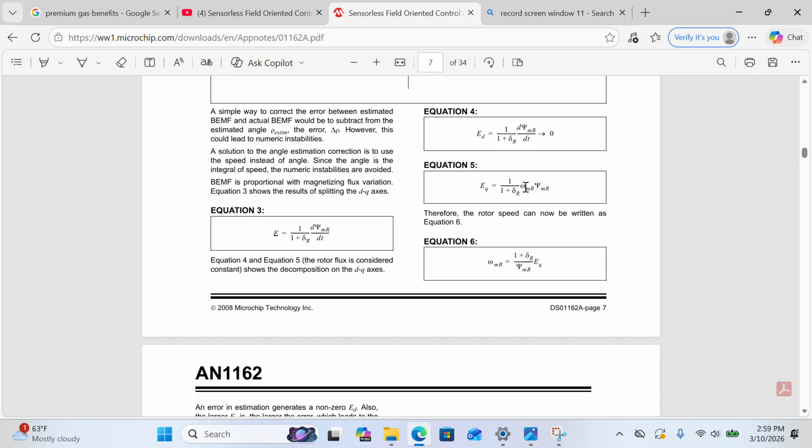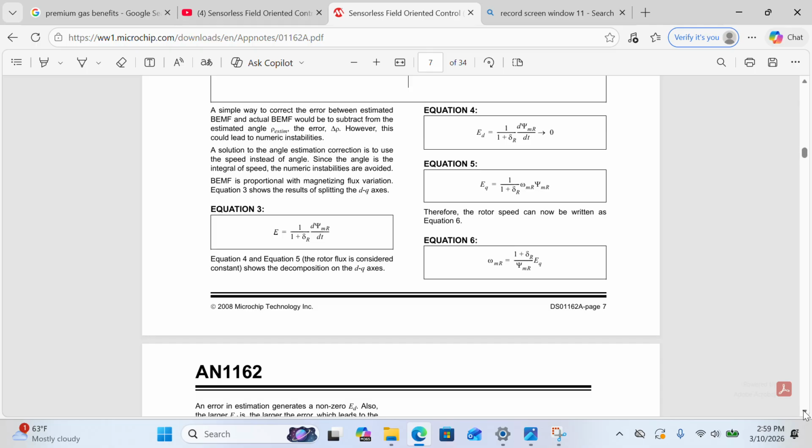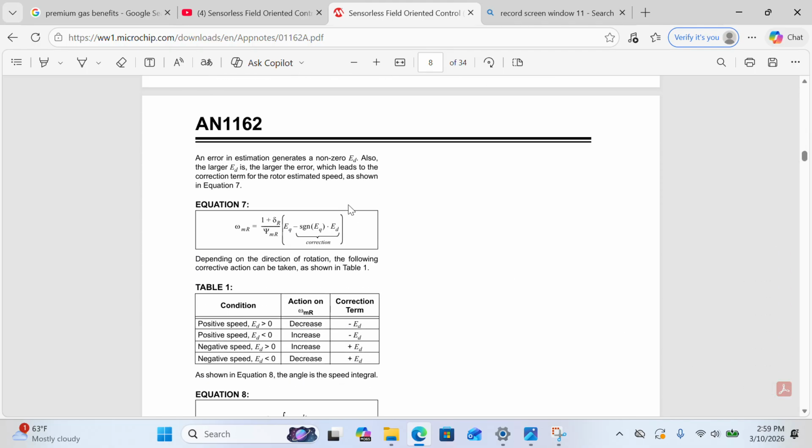So then we can calculate the rotor speed. It's going to be this constant divided by the magnetic flux times EQ. And this is the equation that we have to use in order to calculate the rotor position.